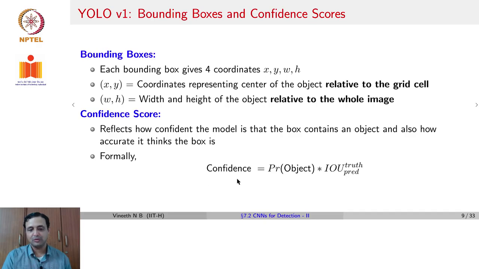So you could view the confidence to be probability of an object, any object. At this point, you do not know which class it belongs to, so it's just the probability of an object, into the intersection over union of the ground truth with the predicted box. So confidence takes into account both of these quantities.